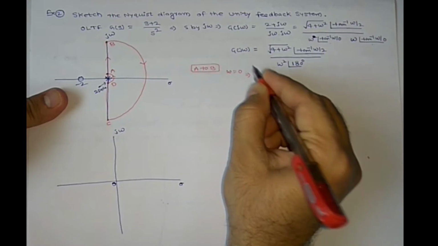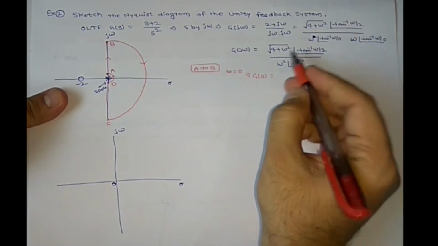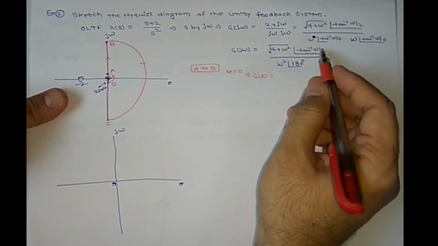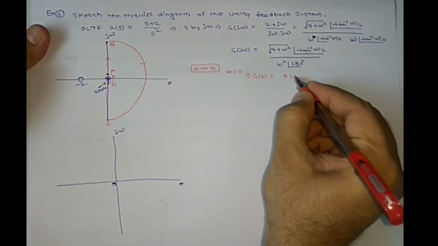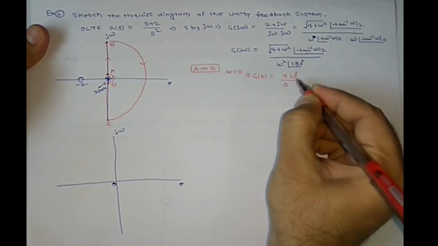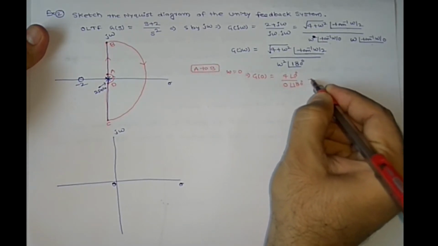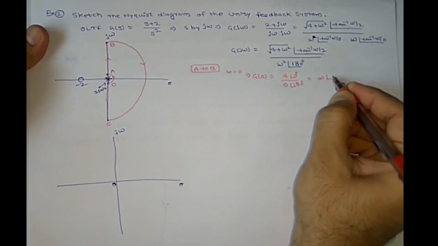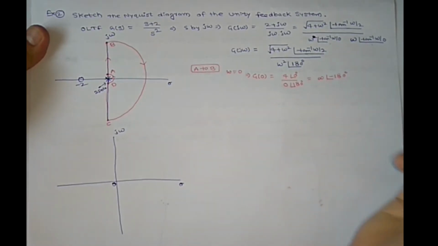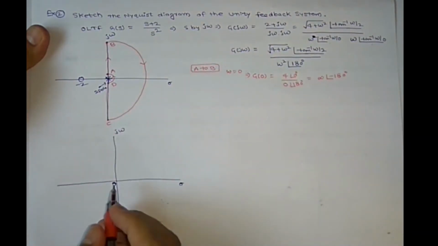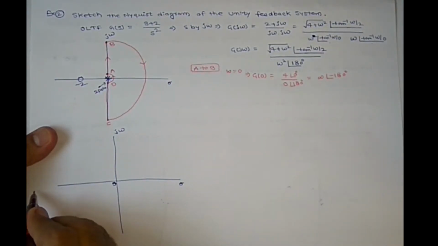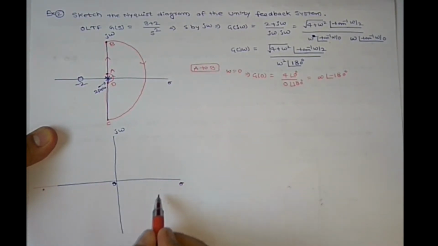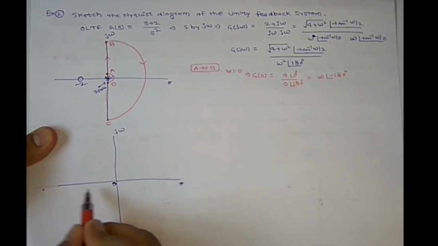So what will you get? You substitute G of 0. The magnitude is 4 over 0, which is infinity, and the angle is 0 minus 180, which is minus 180 degrees. So A starts from here, at infinity with minus 180 degrees.